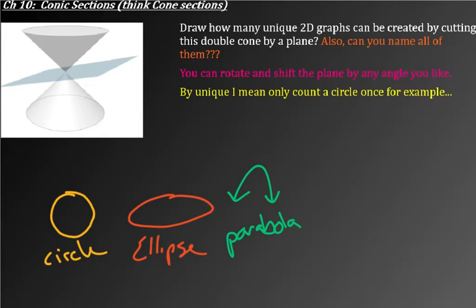And then the last one is, if you let the plane go through both of these, then you're going to get a parabola shape down here and a parabola shape here. And that is something literally spelled hyperbola, but it's called a hyperbola.